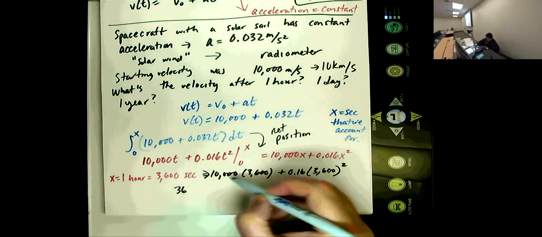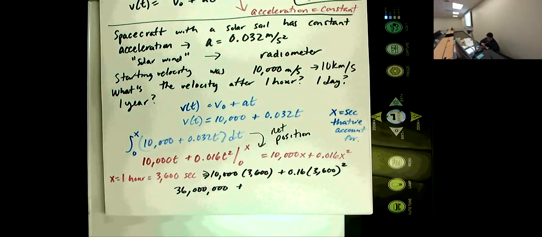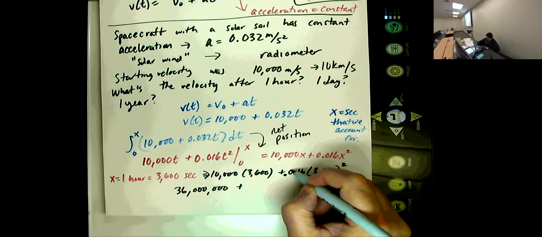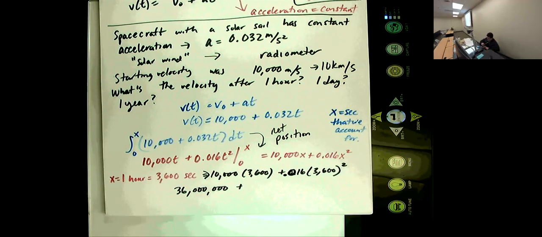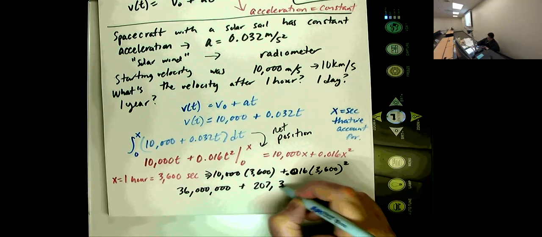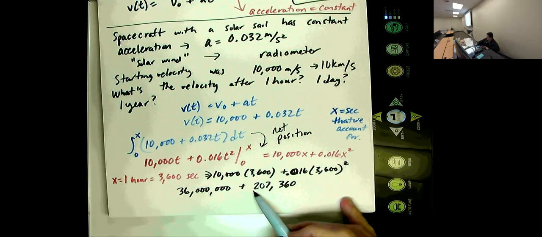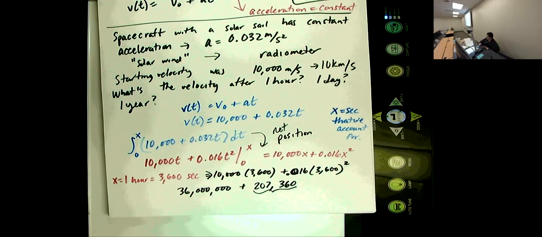That first term has 6 zeros. So over 1 hour, the acceleration hasn't changed it that much. The acceleration has only added this little bit to the position change for 1 hour.